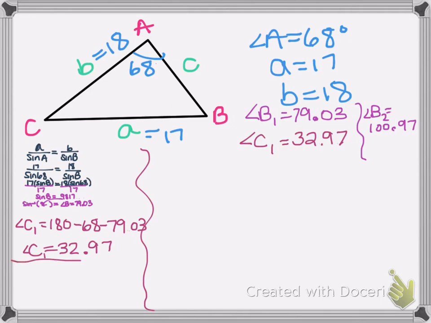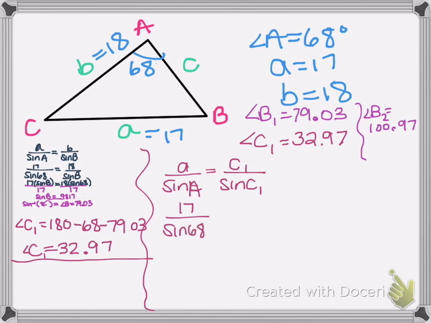And then the last thing I need to solve for is side C1. So I'm going to use A over sine of A equals C1 over sine of C1. A was 17, angle A is 68, C1 is my unknown, angle C1 is 32.97, and then I'm going to cross multiply and divide.